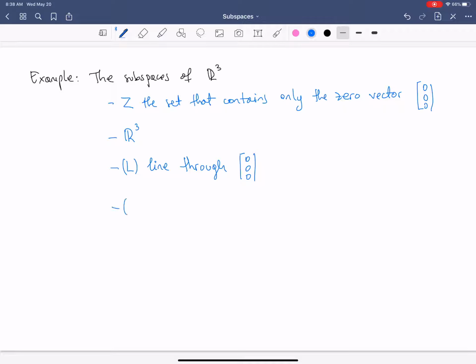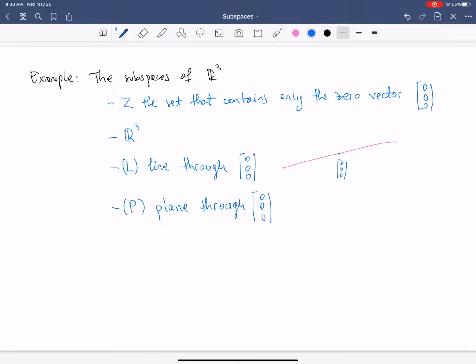And we also have P, which is a plane through the origin. This is, in fact, quite interesting. You have R3. Any line, if you just consider we have a line here, and we take two vectors along that line, remember that we represented vectors as arrows from the origin, and it's nice that we have the origin here.